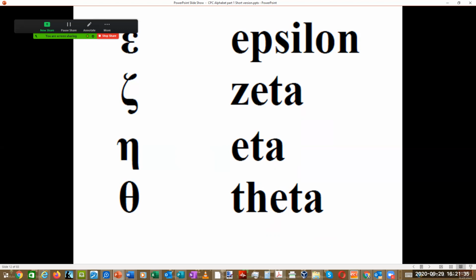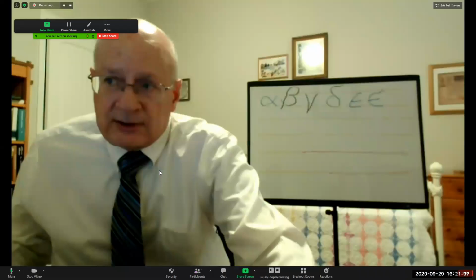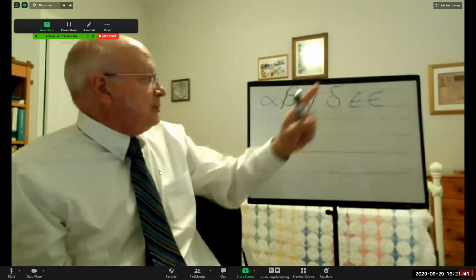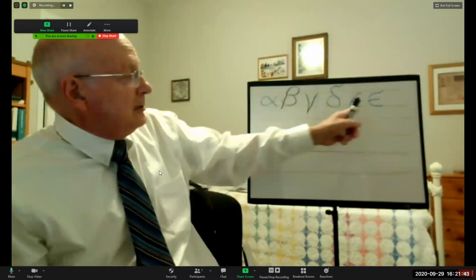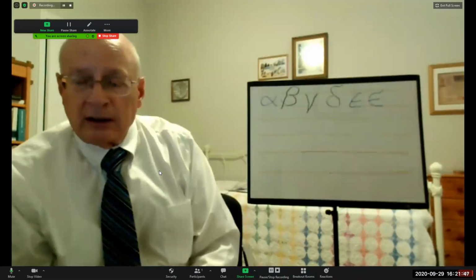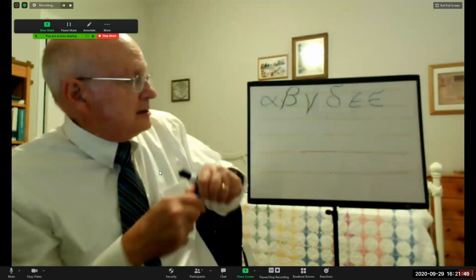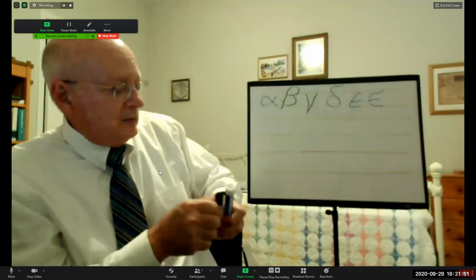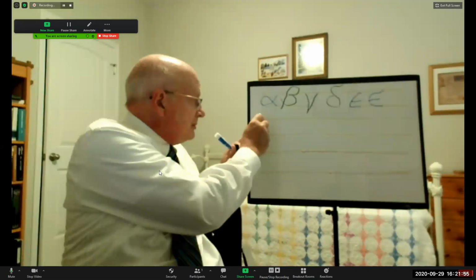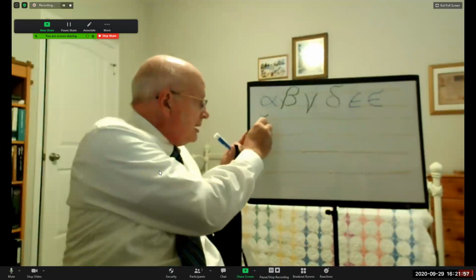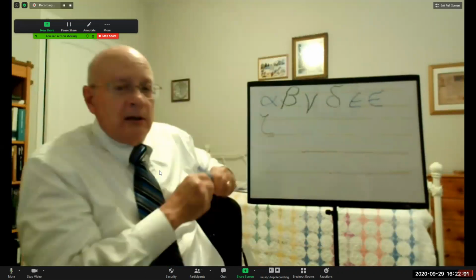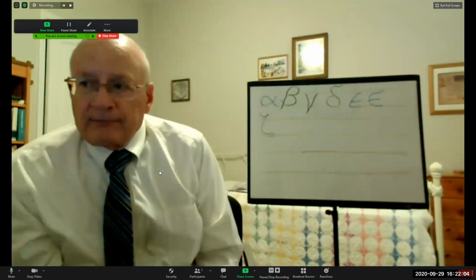And again, when we're writing these, we've already written the epsilon, which is put in blue. Alpha is a vowel, and epsilon is a vowel sound, ah and eh. And when we write zeta, we start at the top above the line, and then we come down and write the lower line before we make a tail below it.